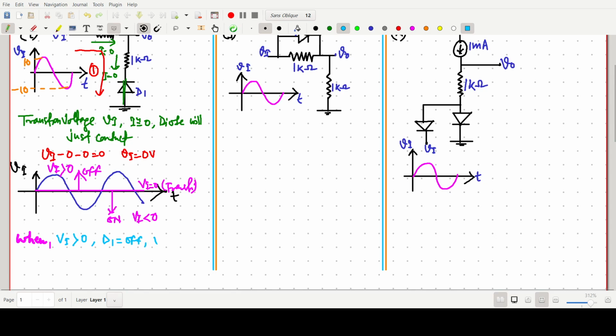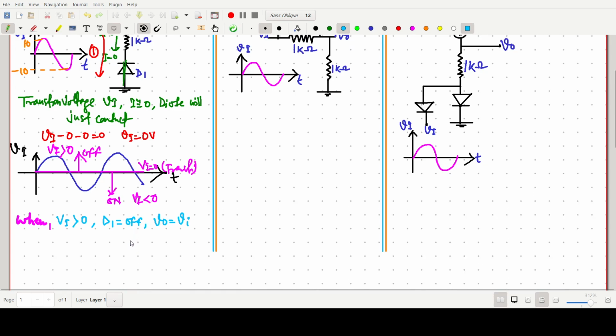So V naught will be the same as Vi, because in this case the diode is off, so it should be open circuited. Here we have plus minus V naught and plus minus Vi, with R of 1 kilo ohm, and 1 kilo ohm. It is open circuited, so V naught will be the same as Vi. So the output will be the same as Vi in the positive half.